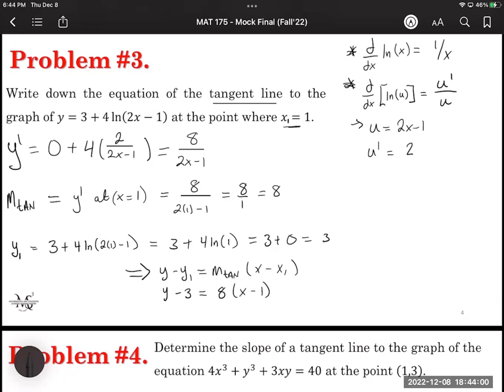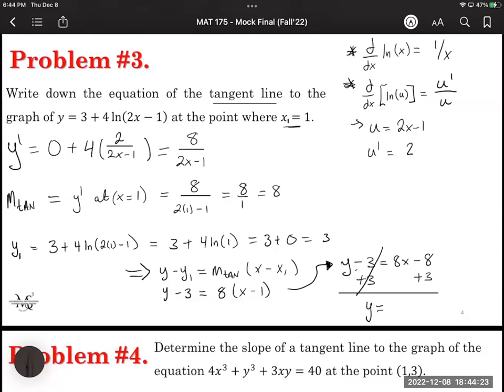And then I do a little bit of rewriting. First, I can distribute the 8 inside the parentheses. This gives me y minus 3 equals 8x minus 8. Then I add 3 to both sides of the equation so that I can write it in slope-intercept form.